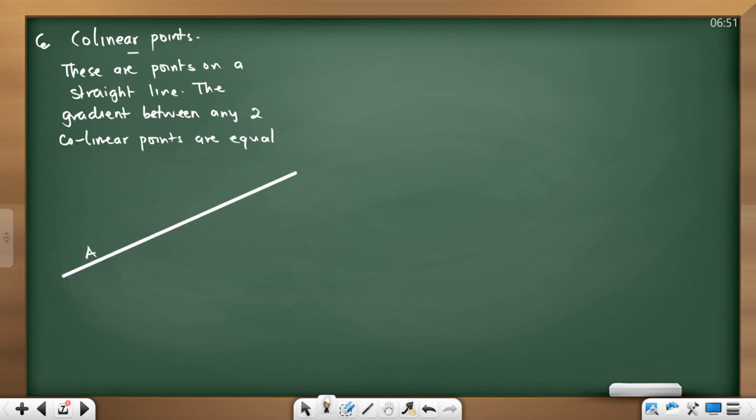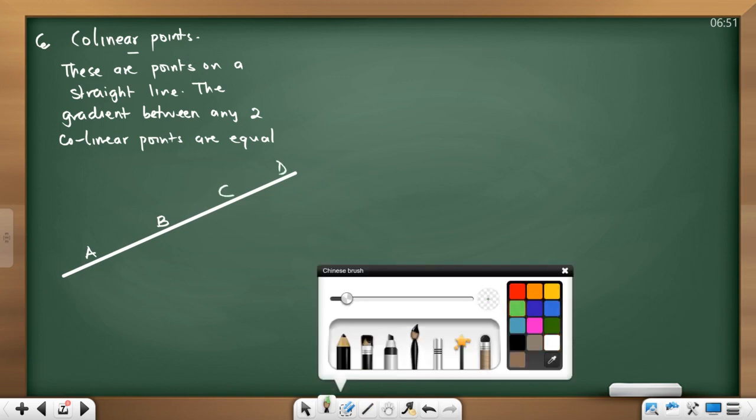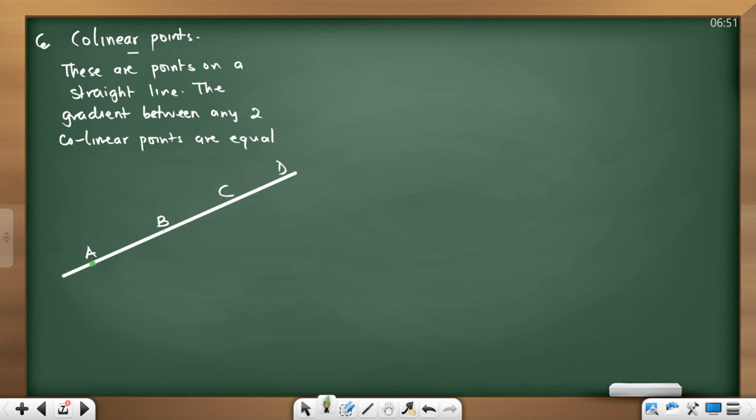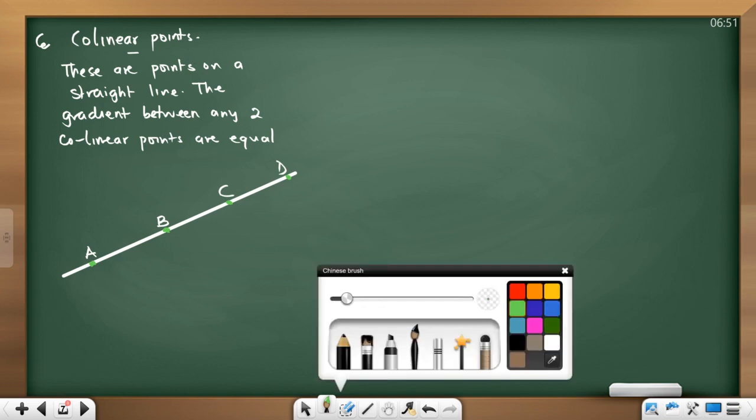If I have point A, point B, point C, and point D, we can see that these points are collinear. They exist together on a straight line.